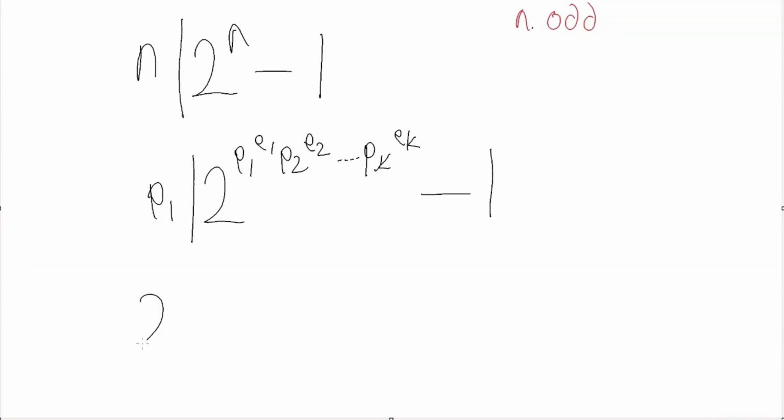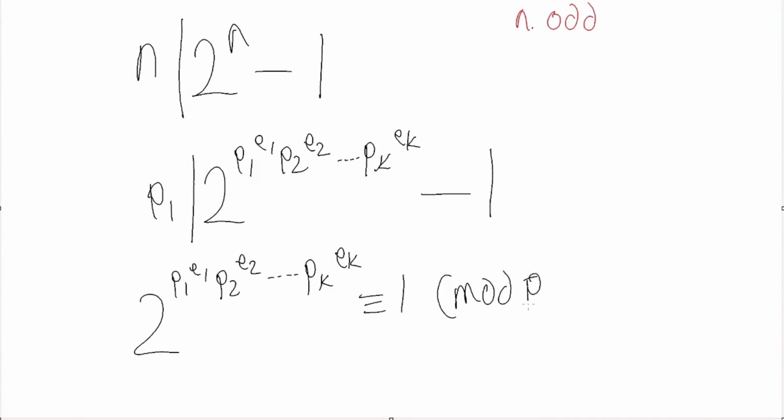So in other words, 2 to the power of P1 to the E1, P2 to the E2, and so forth, Pk to the Ek is equivalent to 1 mod P1. So what does this mean? Well, if we try using this orders idea again, we get that the order modulo P of 2 divides this big number here, which is just n.